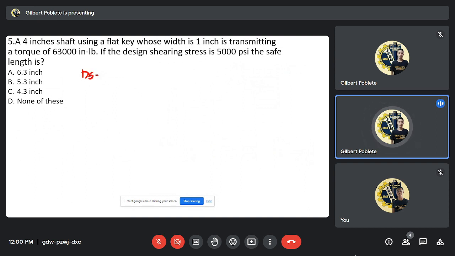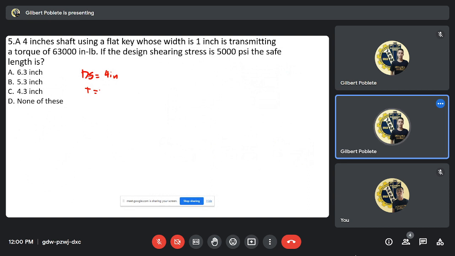Diameter ng shaft is equals to 4 inch. Meron tayong torque niya na 63,000 inch-pound sa shaft. Torque ng shaft.